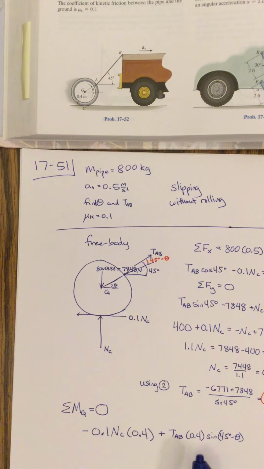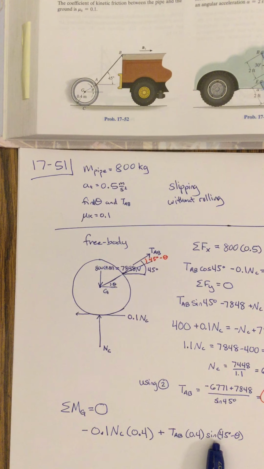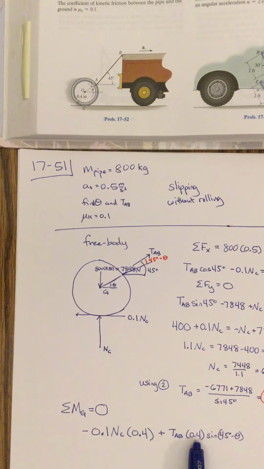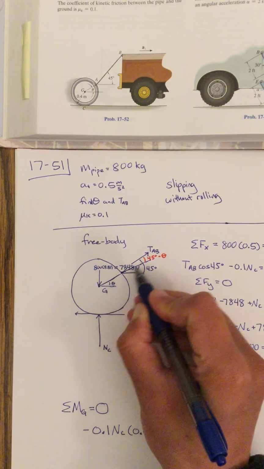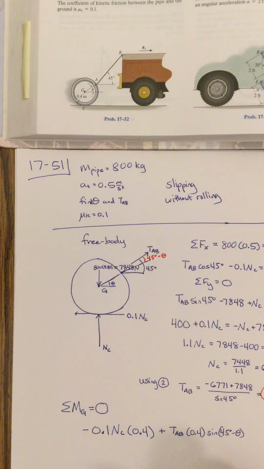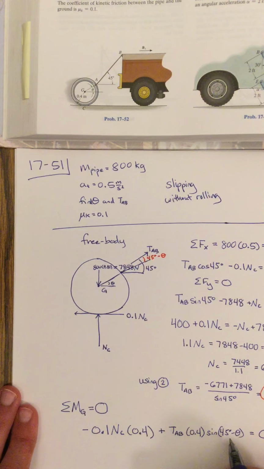Or rather than thinking about that as breaking this down into components, you could say the magnitude of the cross product would be the magnitude of the two vectors times the sine of the angle between the two vectors. The vector r is going like this, so the angle between the two is 45 minus theta. And the sum of the moments is equal to 0. So what I'm solving for is theta here.